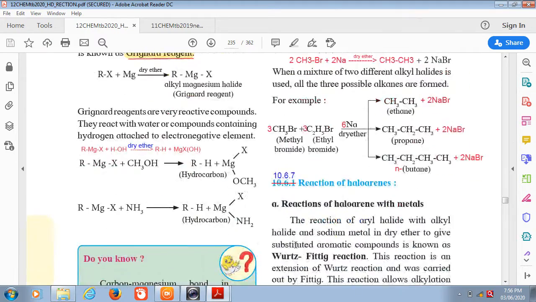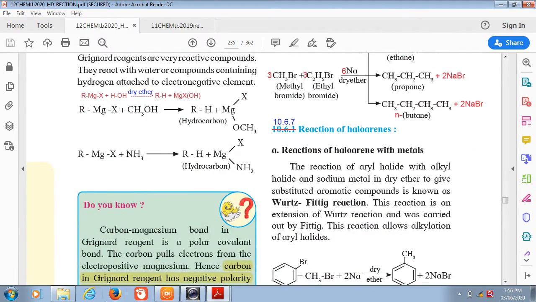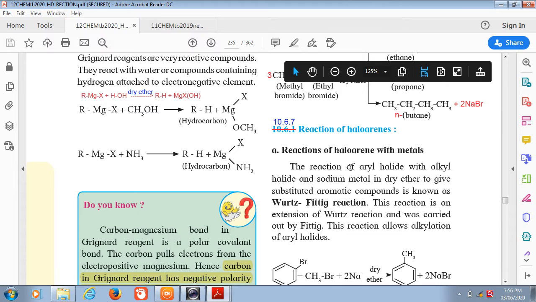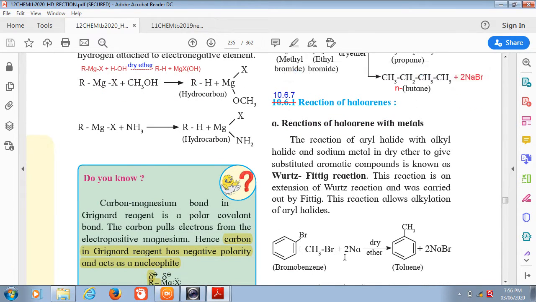Then next are the reactions of haloarenes. So reactions of haloarenes with metal such as sodium metal. It is quite similar to your Wurtz synthesis. In Wurtz synthesis we use alkyl halide. Here we use alkyl halide and aryl halide, such as methyl bromide and bromobenzene, reacting with sodium metal.